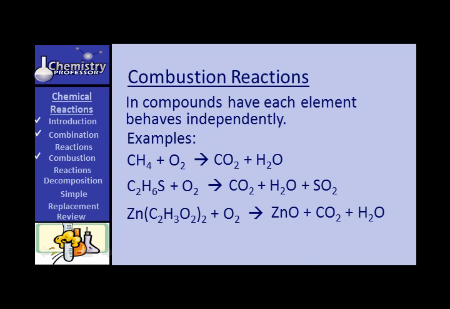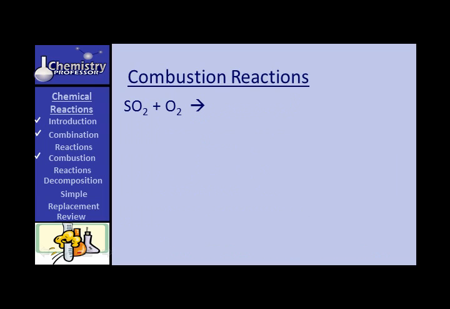But what if you're dealing with something like this? Sulfur dioxide plus oxygen, that gives us sulfur trioxide. But now look at this. Carbon dioxide plus oxygen gives us no reaction.